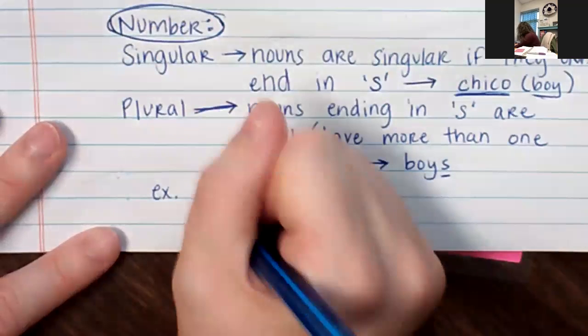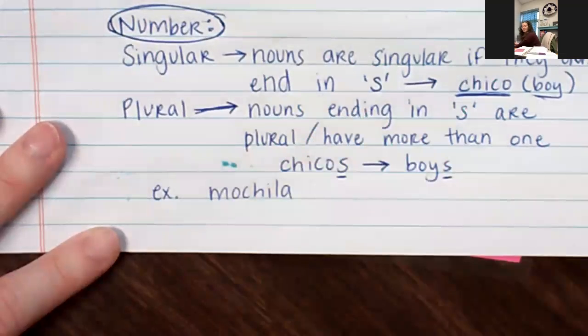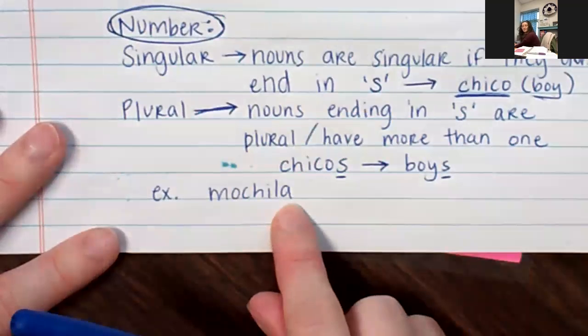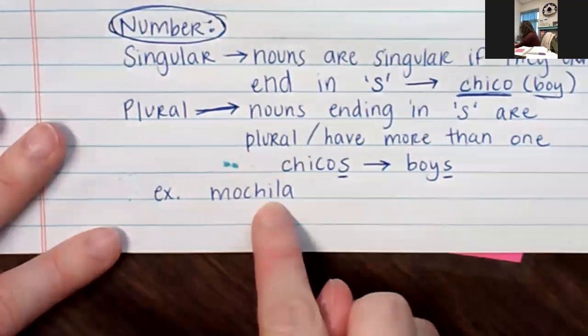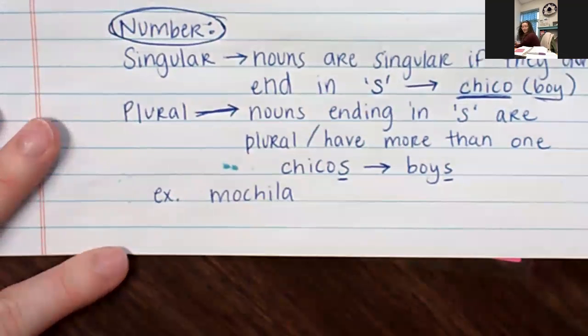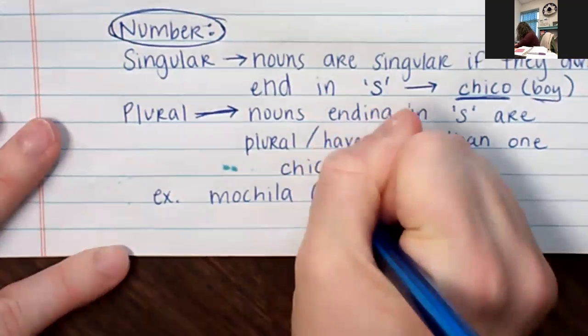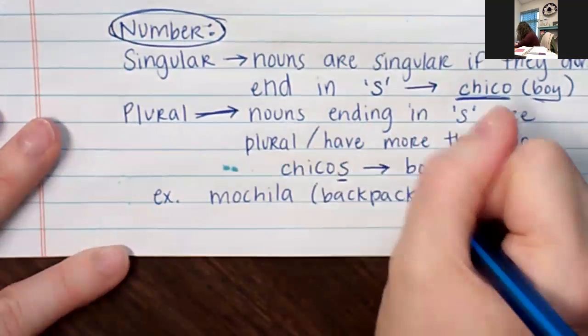This category is generally the easier category. So if I have the word mochila, would this be singular or plural? Right, it would be singular because it does not end in an S. This just means backpack.